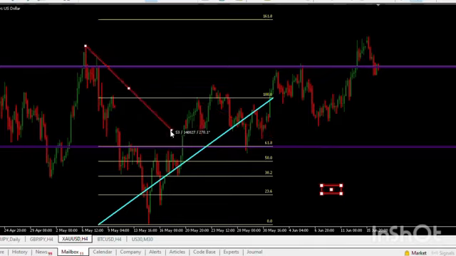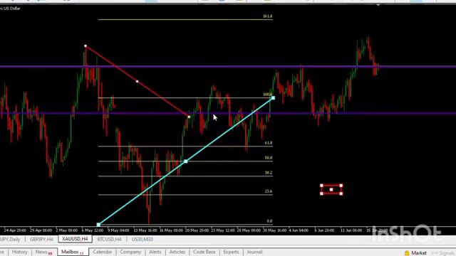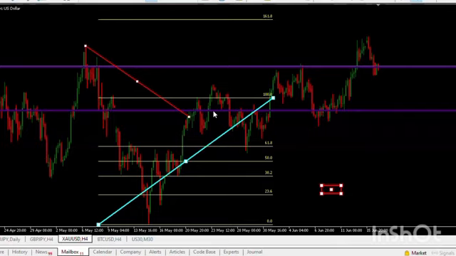But the other thing that can checkmate your trend line to be effective is the previous markets. So even before this thing rose to this level, it was struggling here. There was resistance here. There was a resistance from this level. If you see at this tip, there was a resistance.